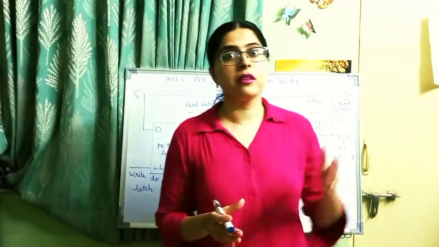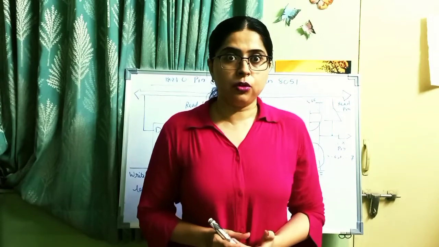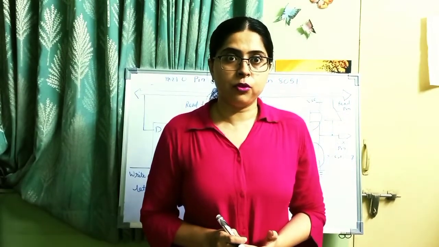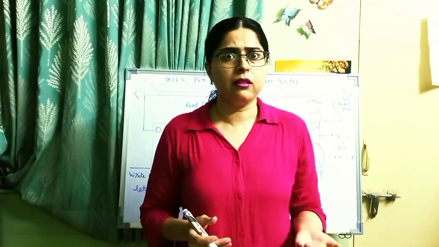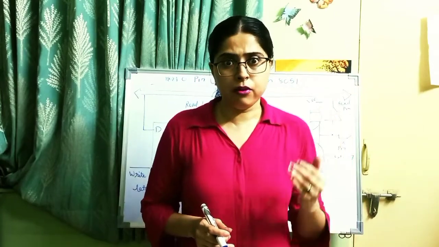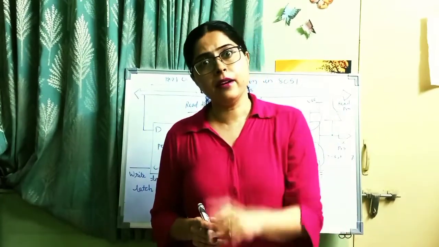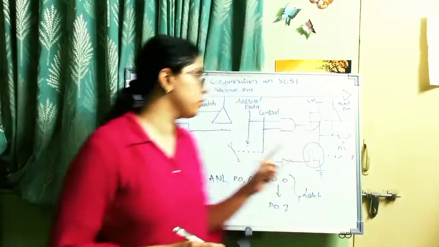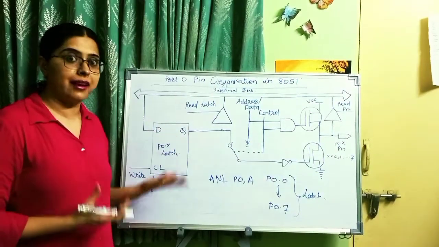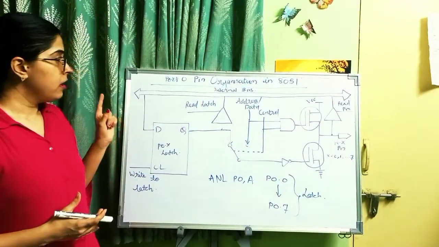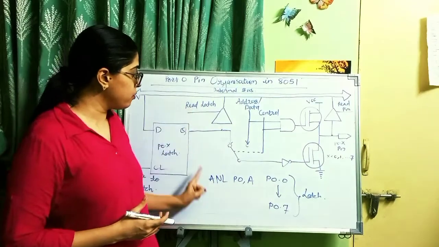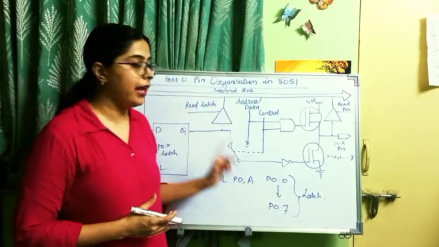What happens is that the content of port 0, that is the input-output lines of port 0, which can be configured as 0, 1, output or input, is ANDed with the accumulator, and the result is stored in the latch, and it is read. So this is how we activate the read latch by using the instruction ANL P0, A.